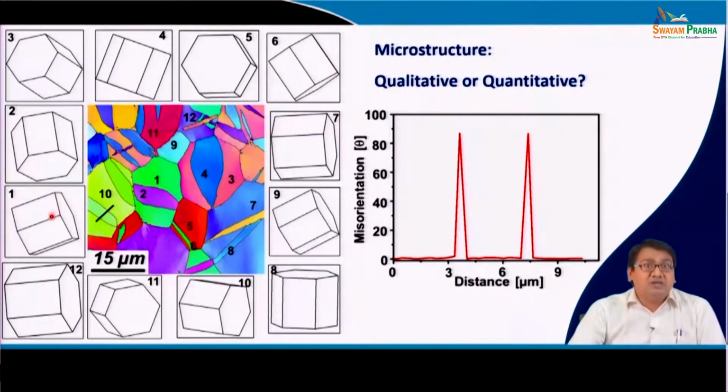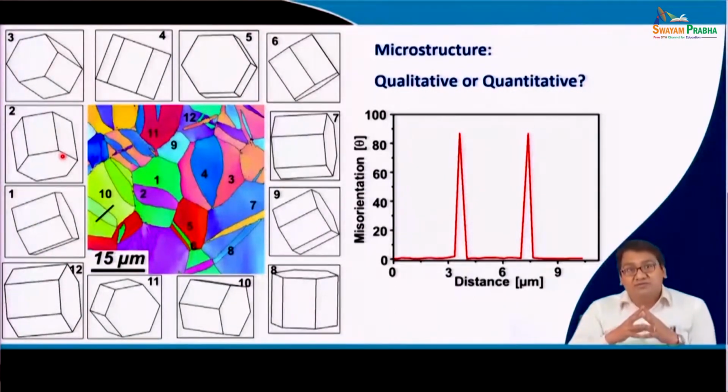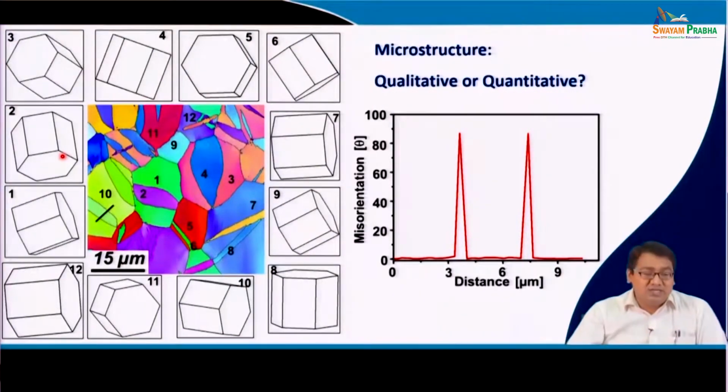If we choose a grain 2, this is this one, and you can see that this is a small twin that has occurred inside grain 1, and twinning leads to the rotation of the unit cell by nearly 90 degrees in this case. You can see the orientation of all the different grains, and we have marked them with the serial number of the grains with respect to the unit cell.